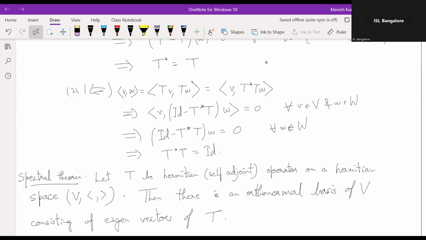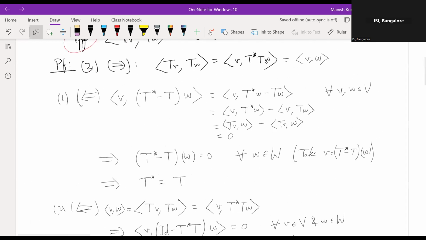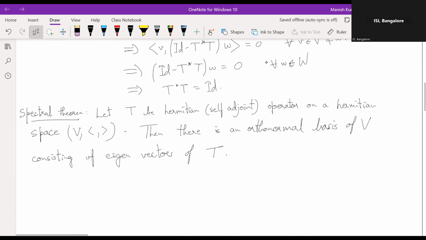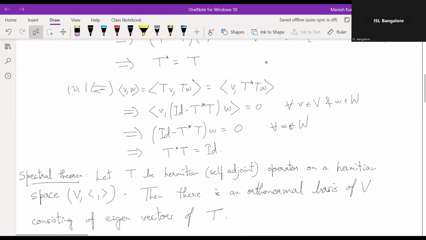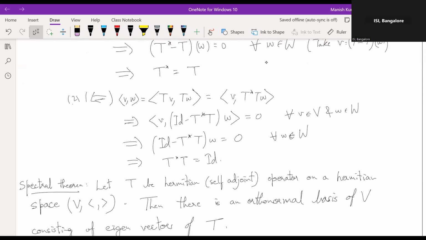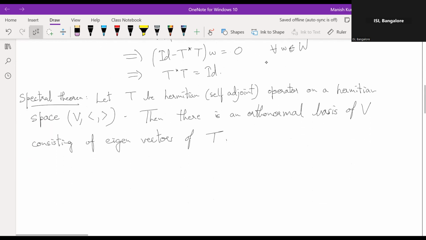Yeah, so one can do it that way as well, but then you'll have to say that this pairing defines the distance. And then, of course, you can argue that this is distance preserving or not, and hence it's a unitary operator. Okay.